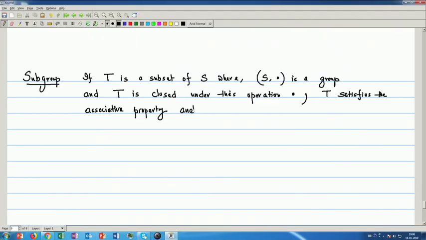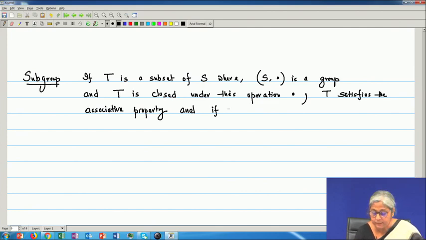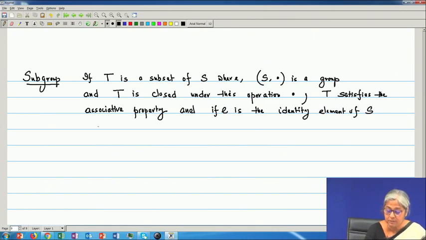If E is the identity element of S, since it is a group, so it has some identity element, then E belongs to T.